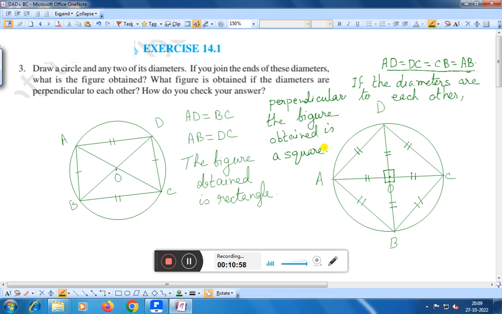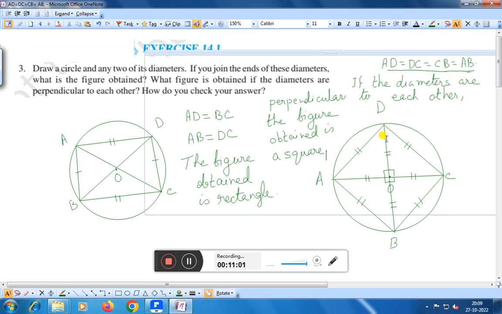That if the diameters, or the diagonals, AC and BD are diagonals of this quadrilateral, and you know that in a square, the diagonals of the square meet perpendicularly at the center. That means here O is the center.